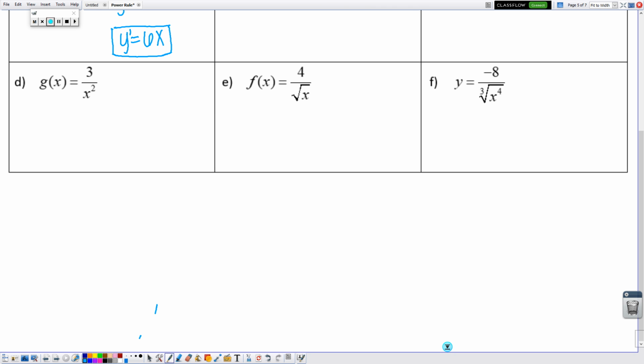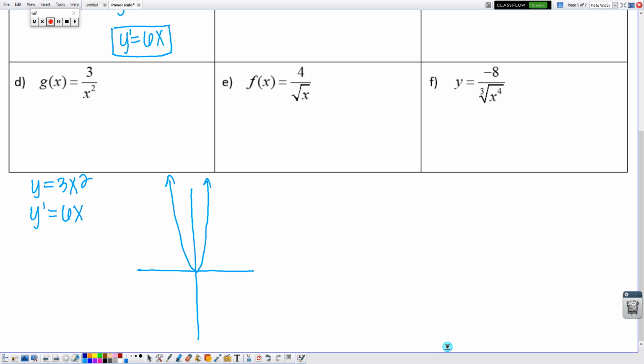So if I say y prime equals 6x, and my function is 3x squared, my function looks like this. Alright, so we have our function. 3x squared is kind of skinny.